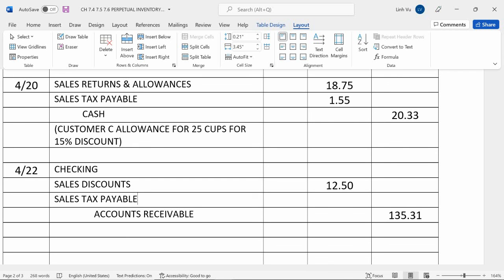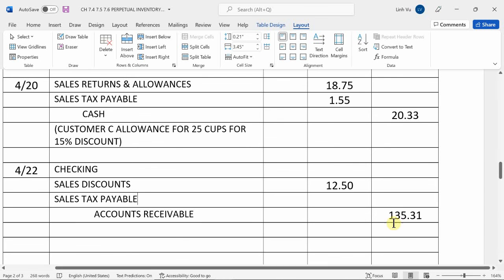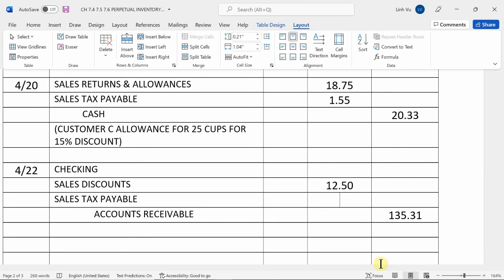You're going to calculate the sales tax off of the $12.50. So that would be $1.03.